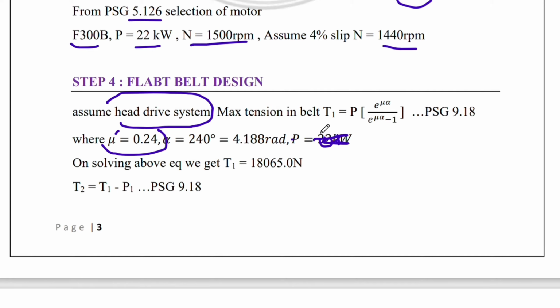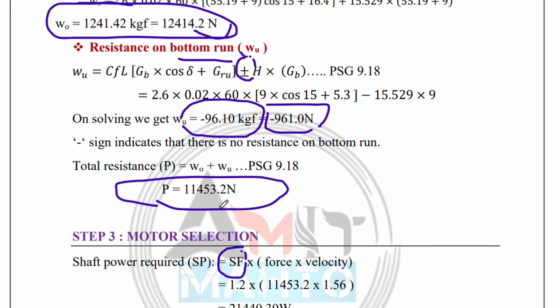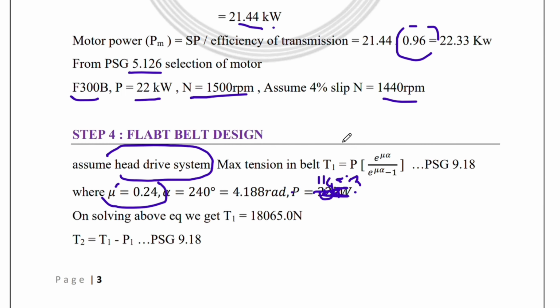And the value of P will be 11,453.2. Put all the values in this formula, you will get the value of T1. So the value of T1 we get is 18,065 Newton.